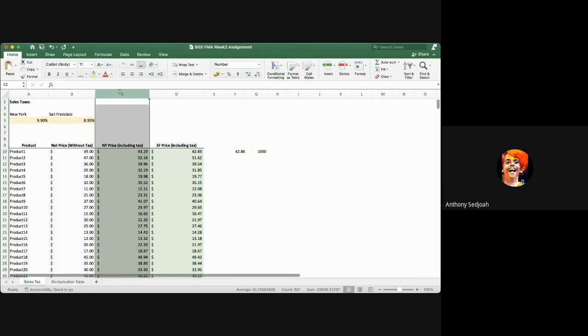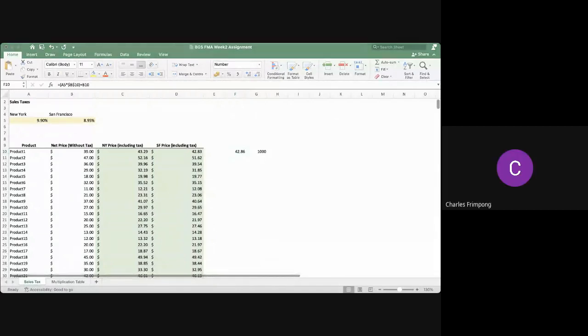See, the New York price includes tax, so the tax is already in it. If you want to calculate the tax amount, won't you multiply it by the 42.86? If they say it includes tax, then we are taking it out, like they've taken the tax out of it.